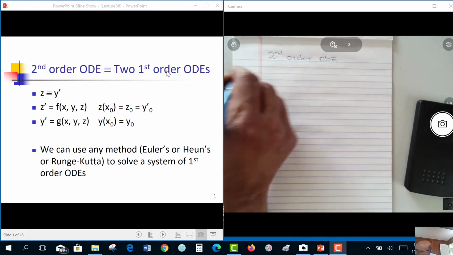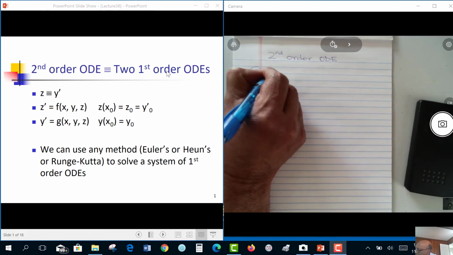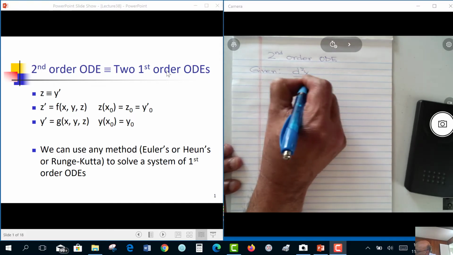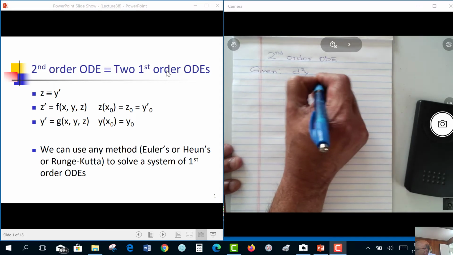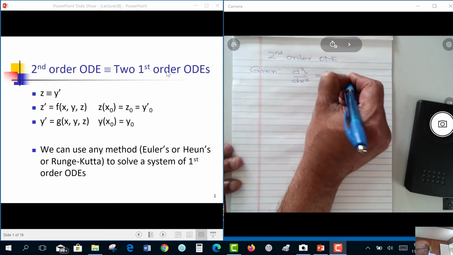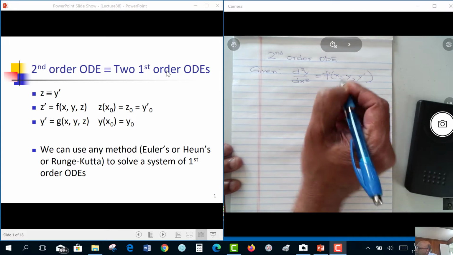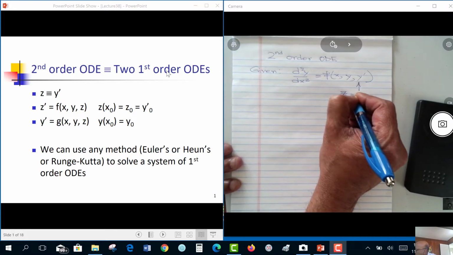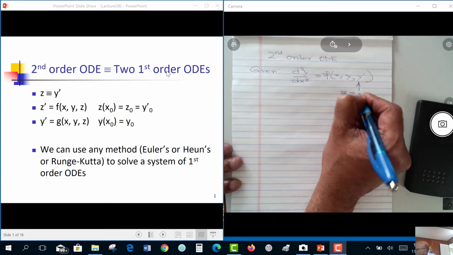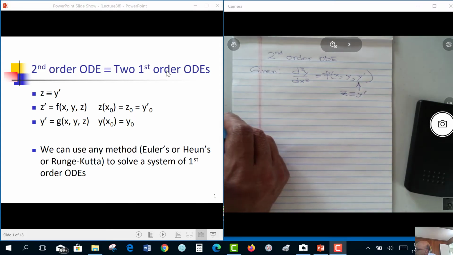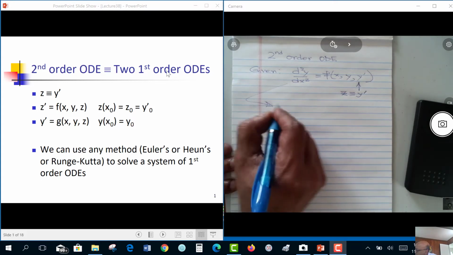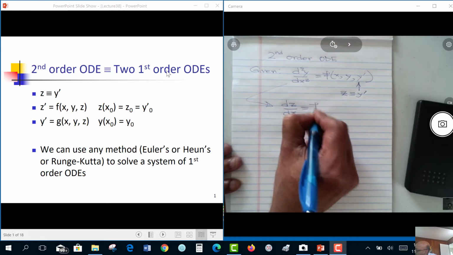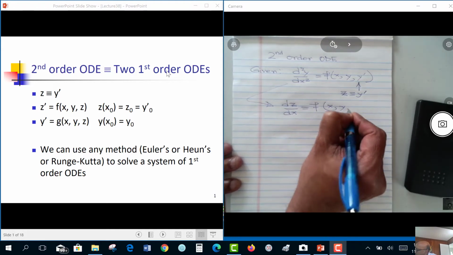So remember, we were given a second derivative of y with respect to x as a function of x, y, and y prime. So all we did was define a new variable z, which is the same as y prime. So this differential equation then becomes dz/dx is a function of x, y, z.